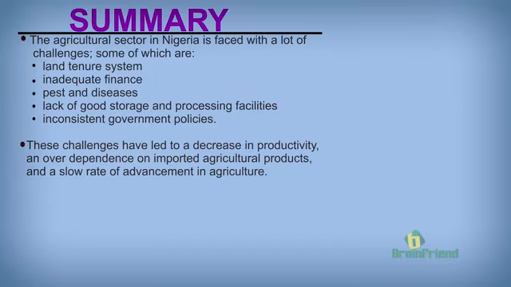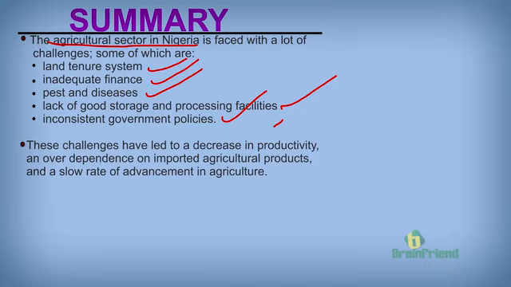At this point, we'll take a summary of all we've been learning in this lesson. We said the agricultural sector in Nigeria is faced with a lot of challenges and problems. Some of these challenges include land tenure system, inadequate finance, the problem of pests and diseases, the problem of lack of storage and processing facilities, and the problem of inconsistent government policies.